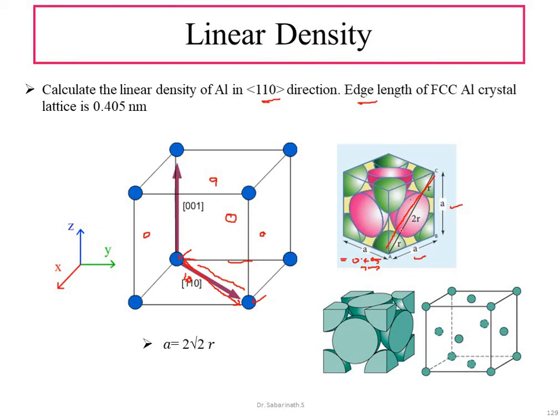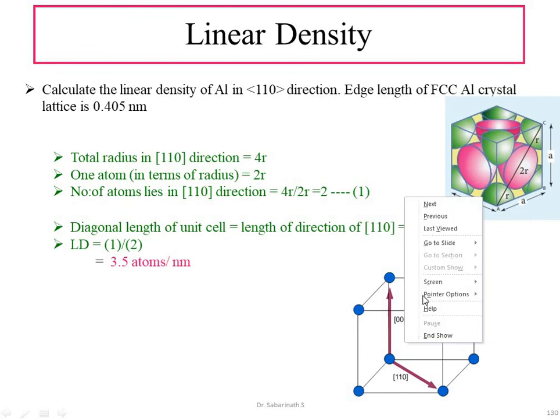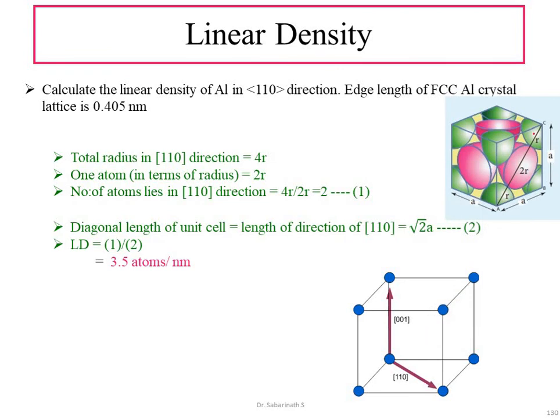So finding this direction, we get a square plus a square is equal to 4r square, and on substituting and solving, we get the value as this. We have already done this in the previous slides. Now again, the total radius in this particular direction, we will take this direction as this one, because in a cube all the sides are the same.